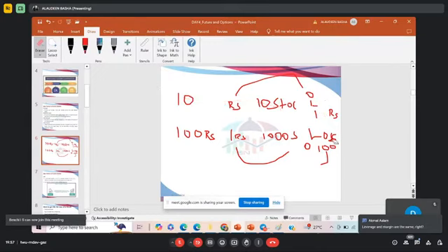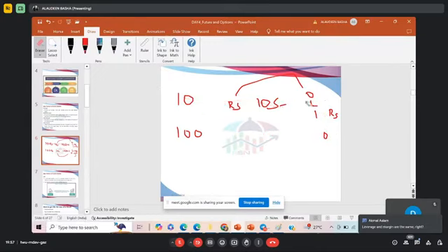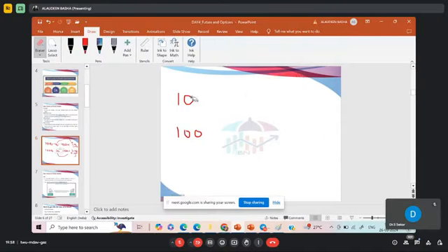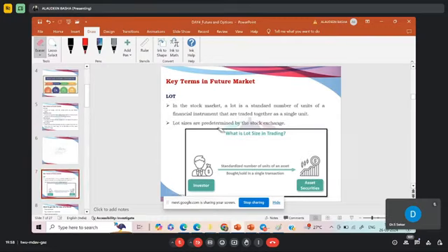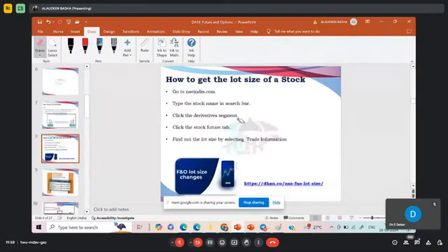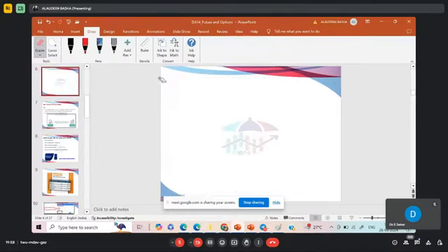But in futures, you are not able to buy a stock as a single quantity, and you don't decide how many quantities you buy, because lot means the stock exchange already decides the quantity for a particular stock based on market capitalization and volatility. For example, if I'm going to buy Tata Motors, they have already defined the Tata Motors lot size.